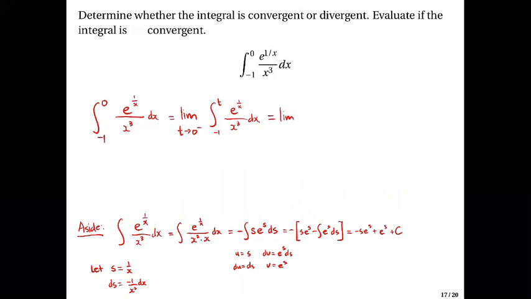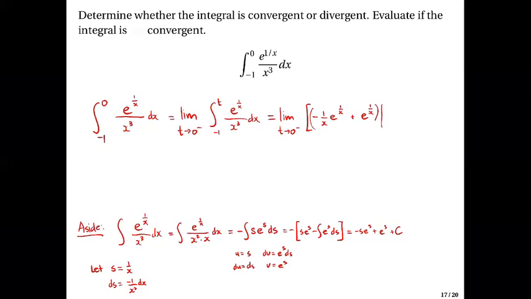So this is just the limit as t approaches 0 from the left of the quantity negative s from here, but we will replace s with 1 over x. So in here we will have 1 over x e raised to 1 over x, and then plus e raised to 1 over x.